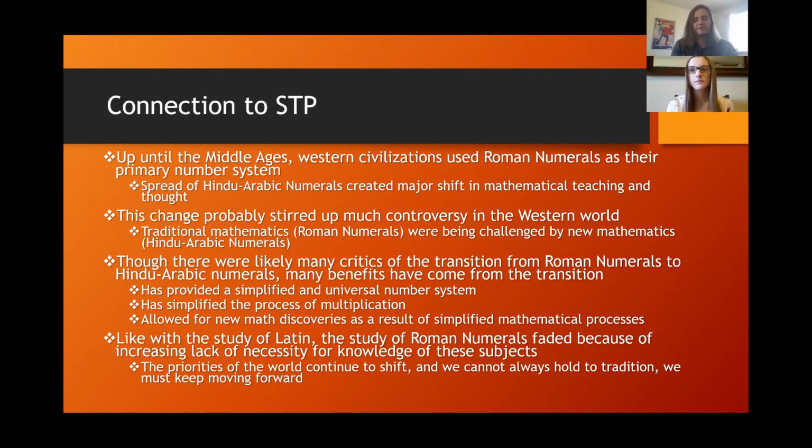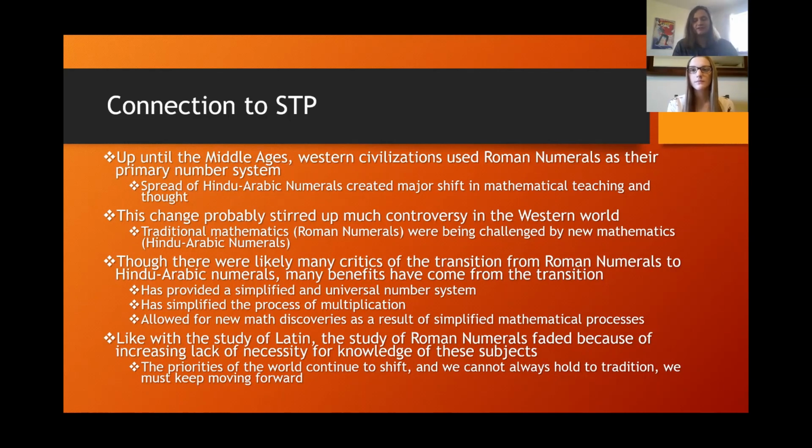But with the development of the printing press and other technologies that allowed for the common person to become somewhat educated, more and more commoners were receiving access to higher education. And with this access to higher education, more professors and instructors started teaching in their native languages instead of teaching in Latin. So there became a lesser influence of Latin in higher education.